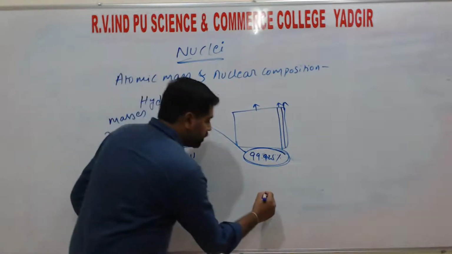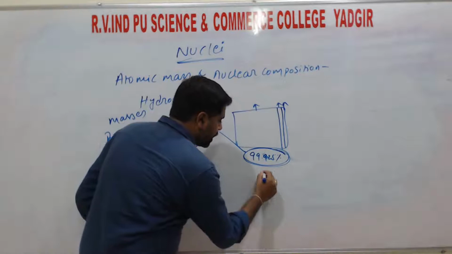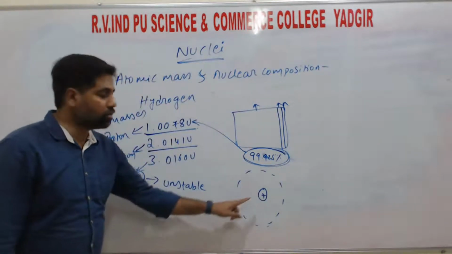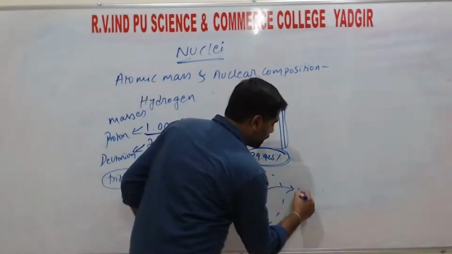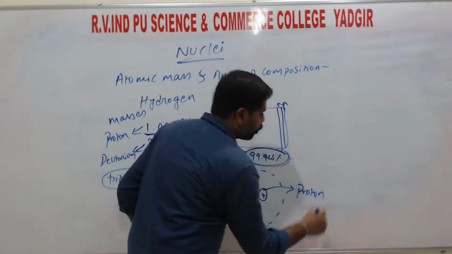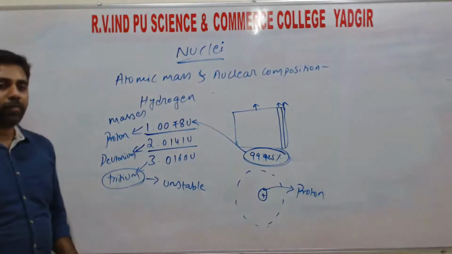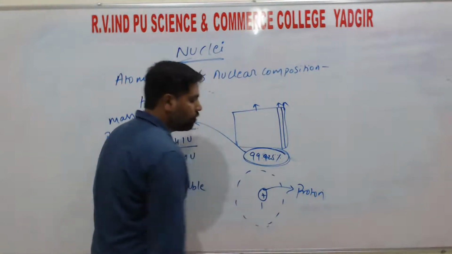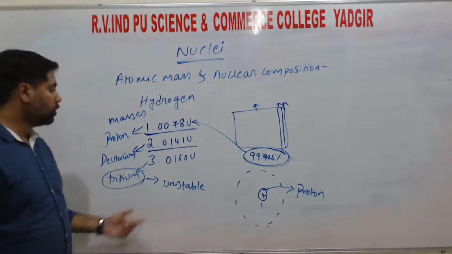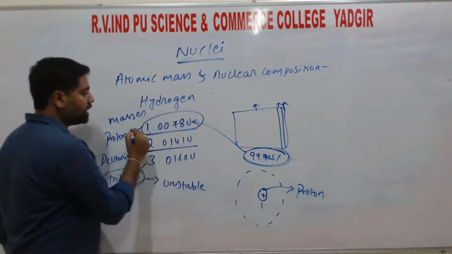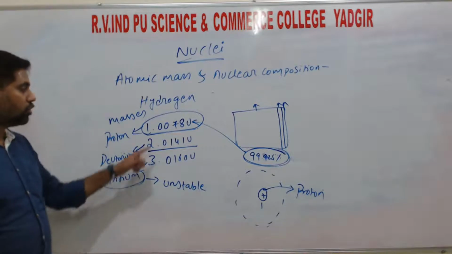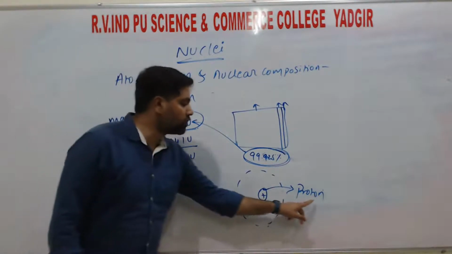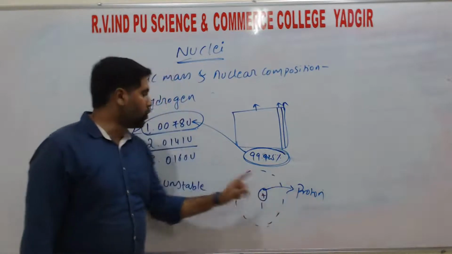If this is the nucleus and the electron is revolving around the nucleus, this nucleus we call proton, right? Because it always has unit charge, that is 1, right? So the mass of the nucleus is 1.0078 in the hydrogen atom. The nucleus is always called proton, and its mass is how much?